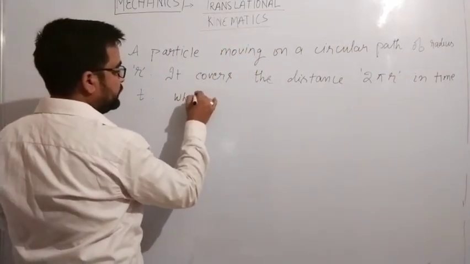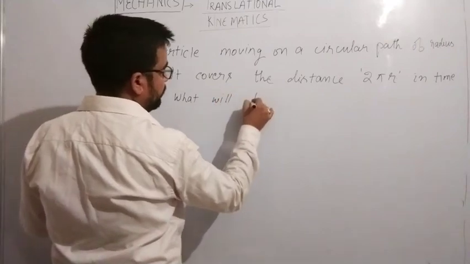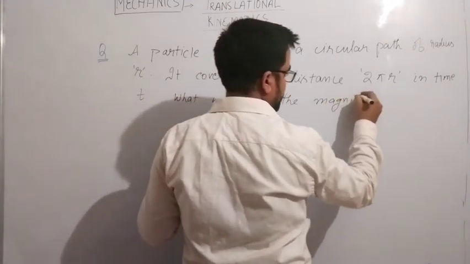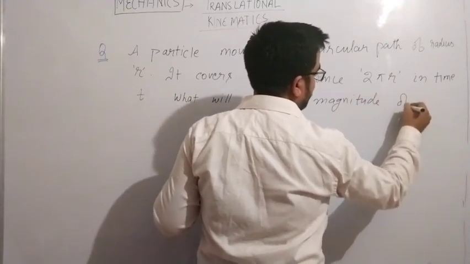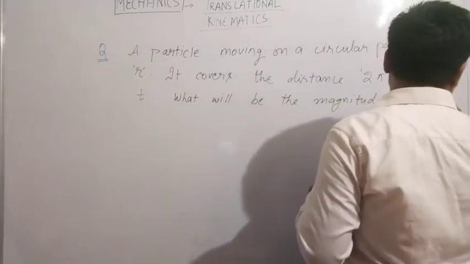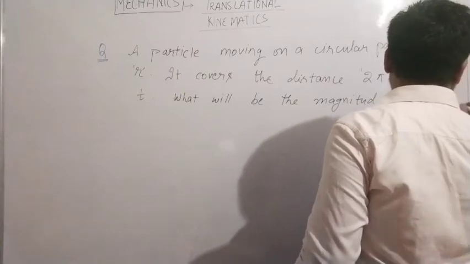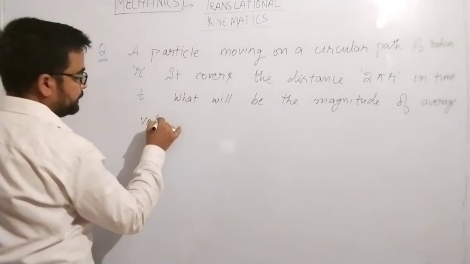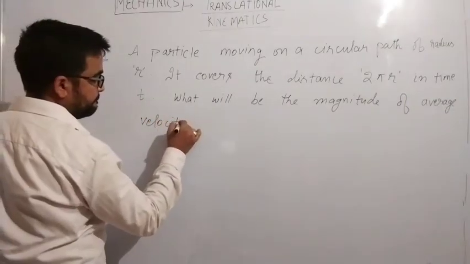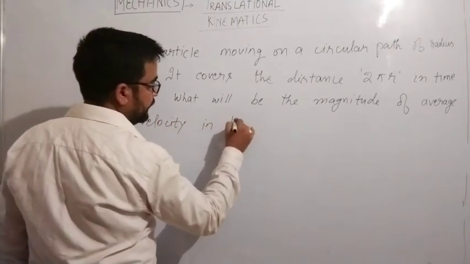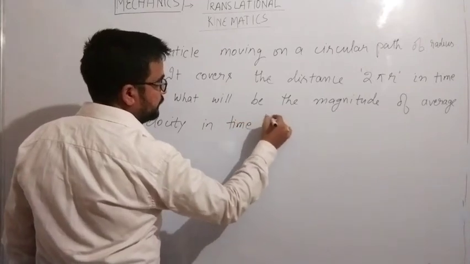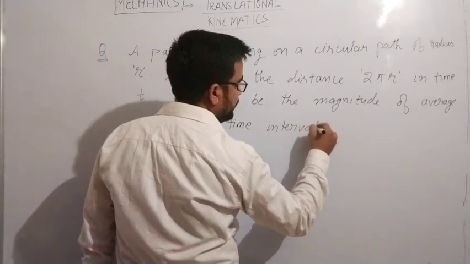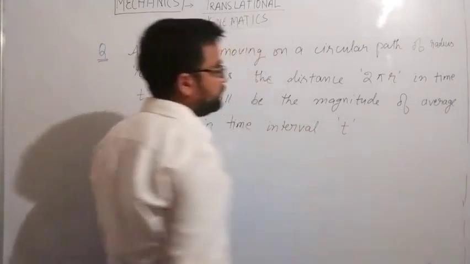What will be the magnitude of average velocity in the time interval t, from 0 to t?